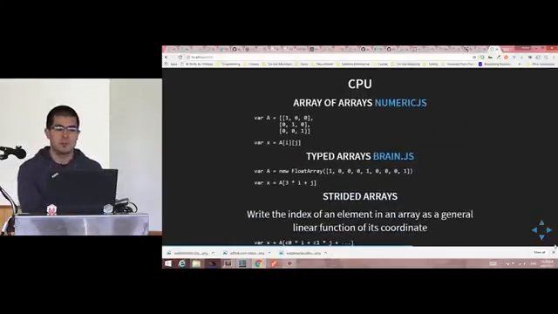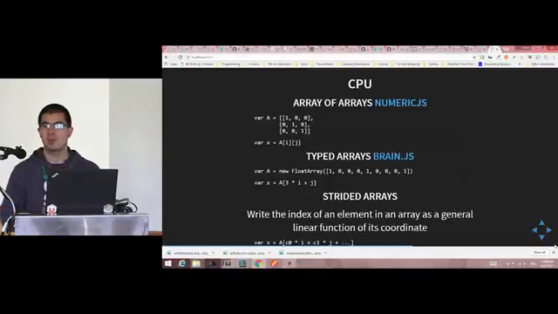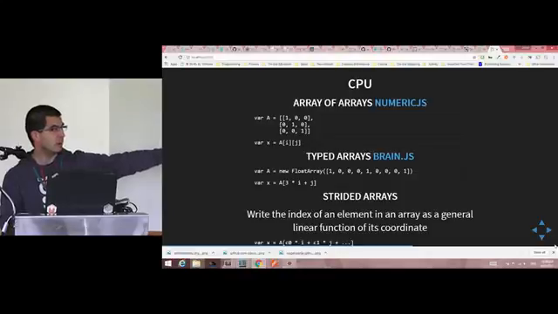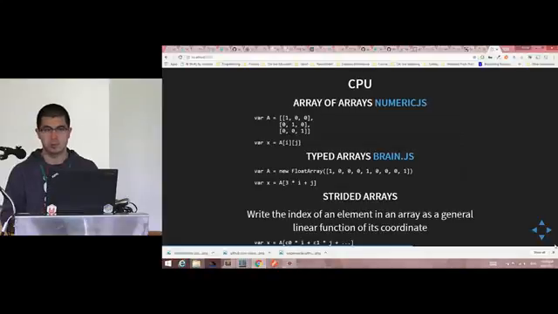In the JavaScript world, the simplest way to do that is an array of arrays, but it's actually not the most performant way. For accessing a particular item, given a matrix A, an array of arrays, you access your elements by A[i][j], which I'm sure everybody would be able to do.